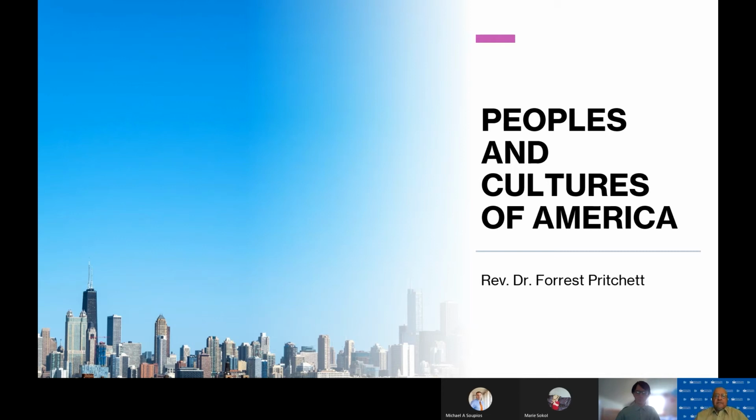And in the first half of the course, we will look at America before it was America. We'll look at North America, the indigenous cultures that were here. We then begin to look at Spanish exploration and settlements within that territory. Then we move on to look at the English movement into the area.